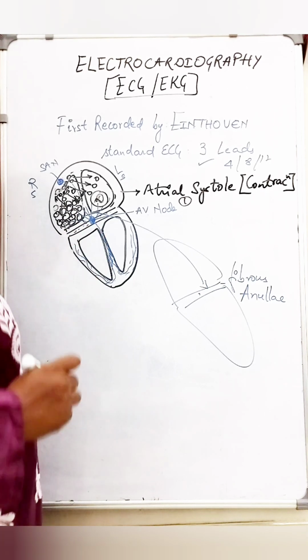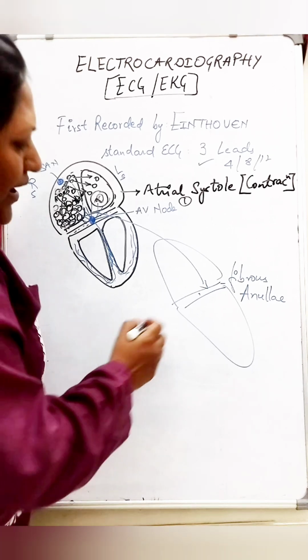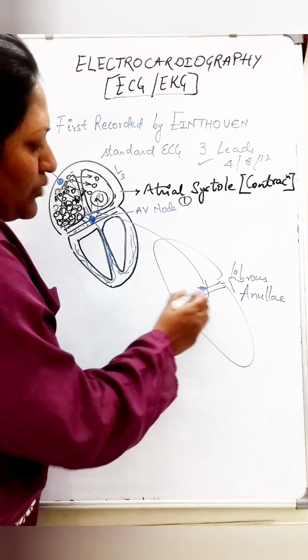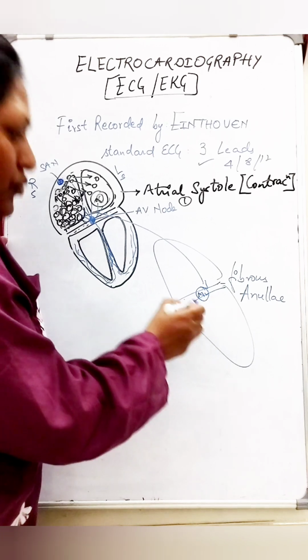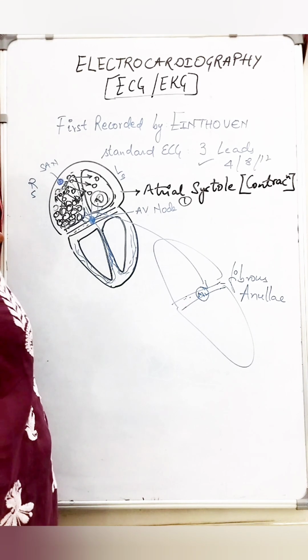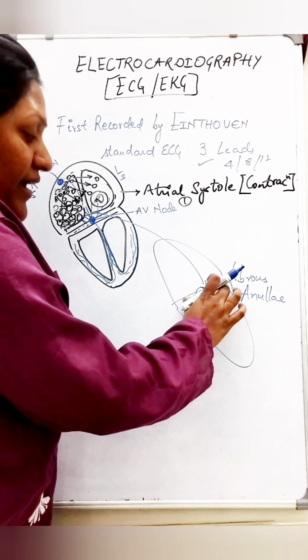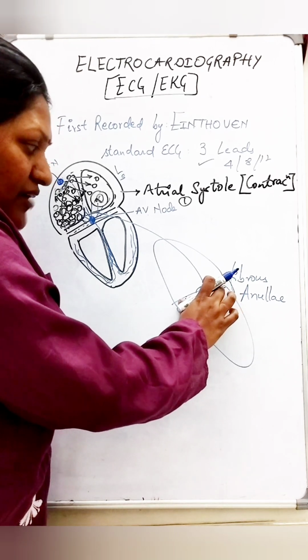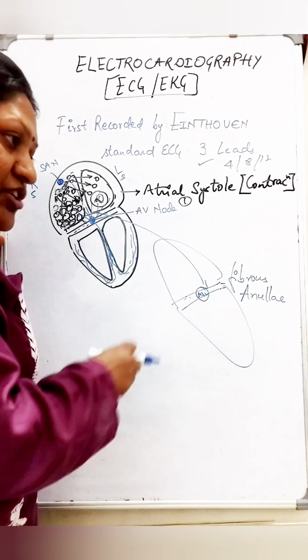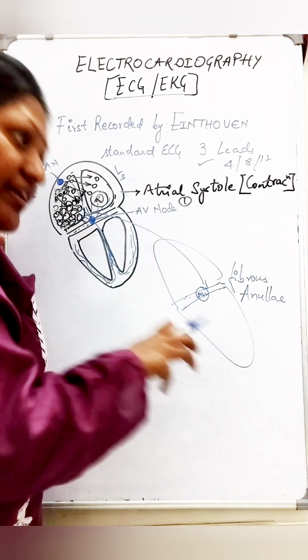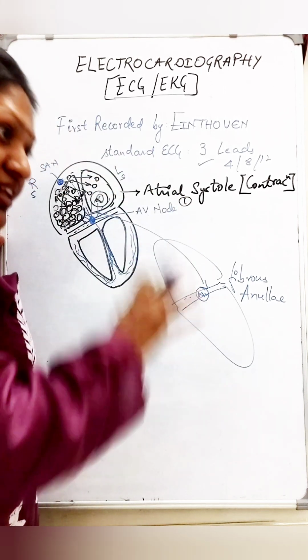Now you will ask me one question. Madam, why not in this area? Why only at the AV node? Why not here? Because these fibrous annulae will not be able to capture the electropositivity or depolarized signals.